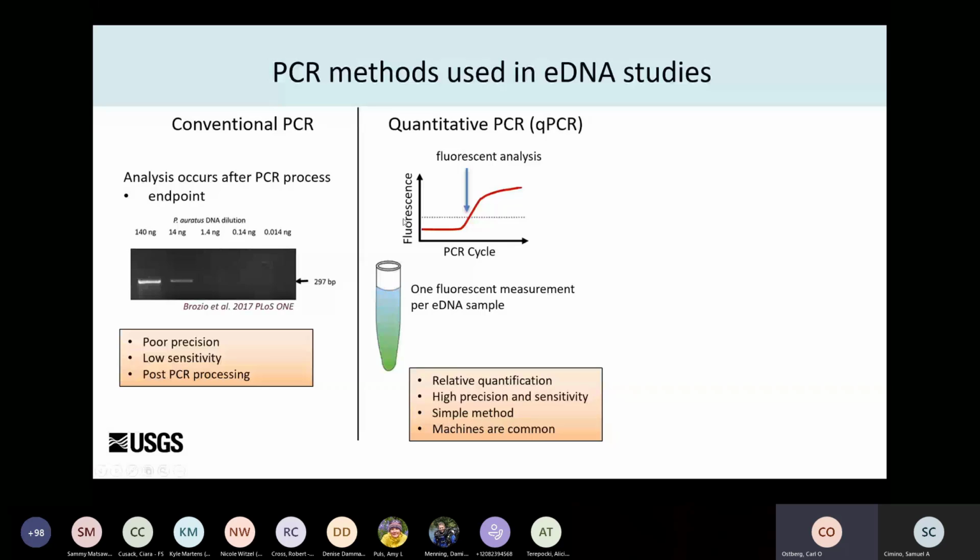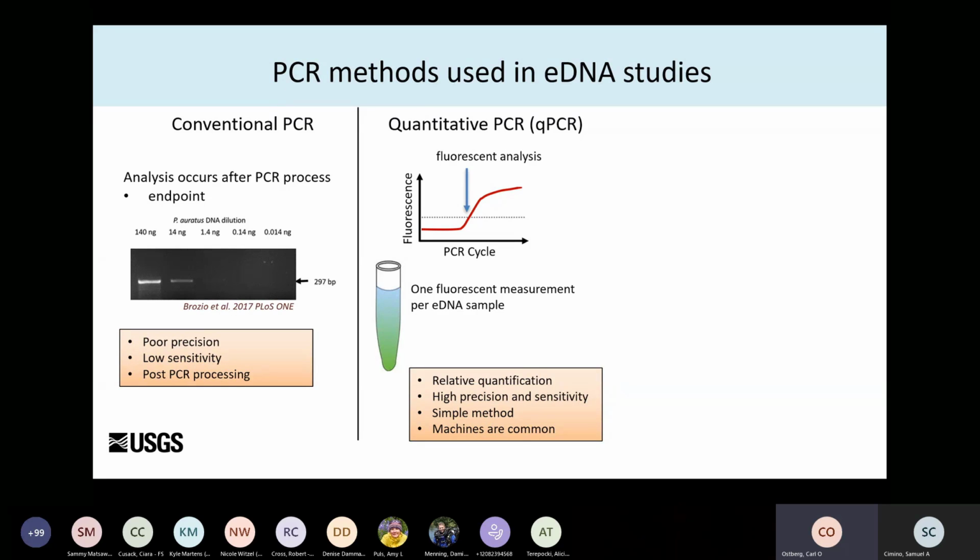Fluorescent chemistry is incorporated into the qPCR assay, and detection of a product occurs when fluorescence crosses above the background level, about at this level here in the graph. Detection occurs during the run, and the benefits of qPCR are quantification of DNA, relative to standards that are incorporated in a run, high precision, and high sensitivity. The qPCR machines are really common, and the methods are straightforward.